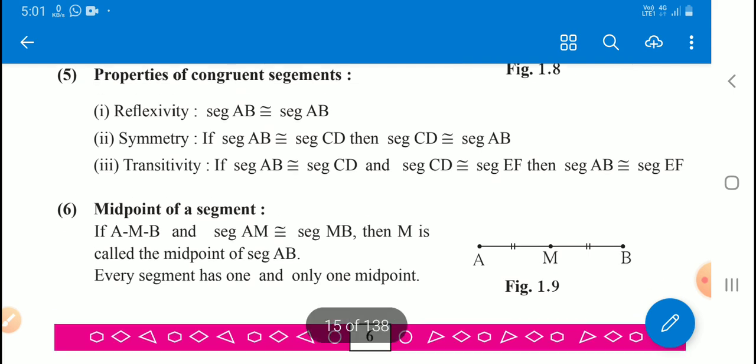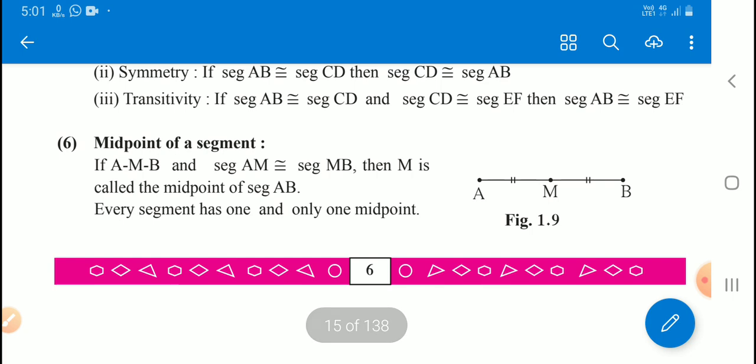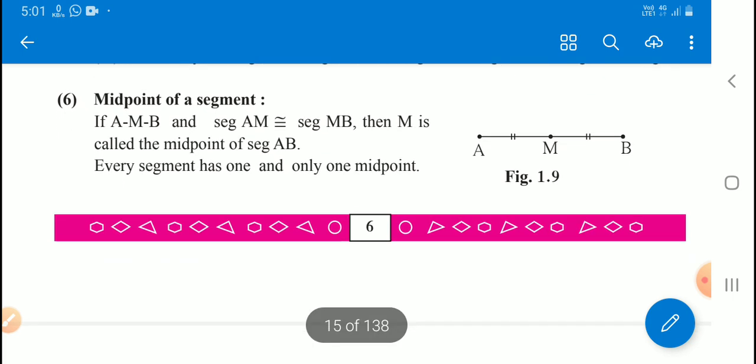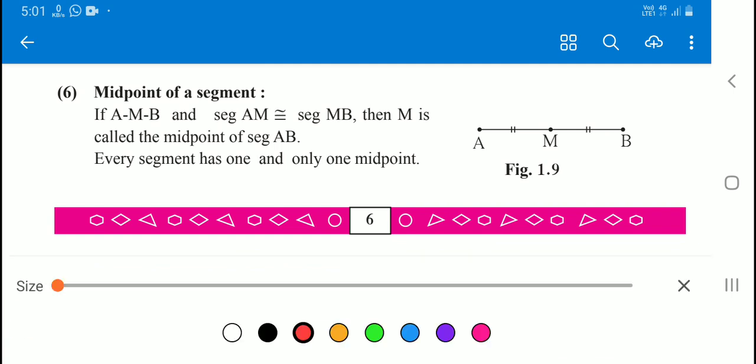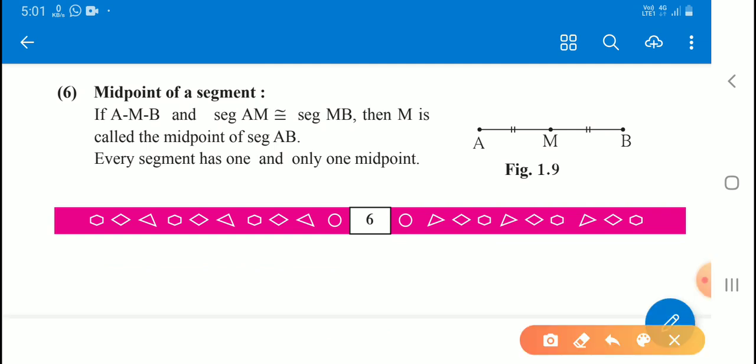Now the next point is the midpoint of a segment. By this word midpoint, you understood that midpoint means middle point.